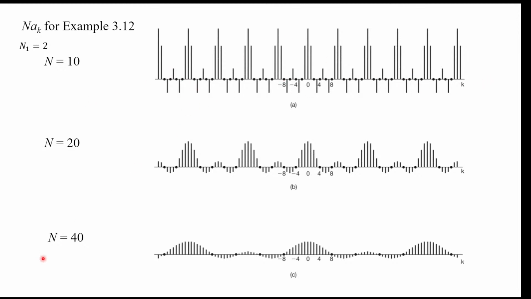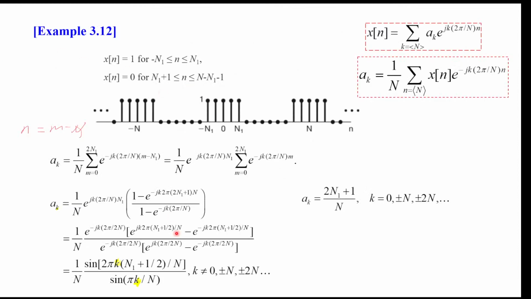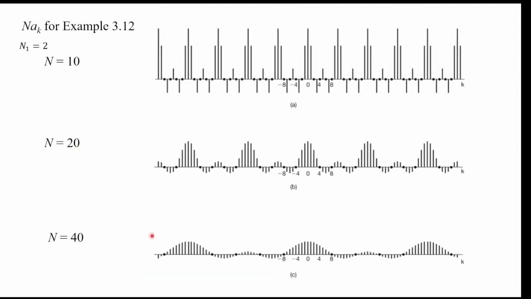We plot this for different big N. We are fixing n1 equal to 2, so we are fixing the upper oscillation frequency, and we have a bigger and bigger N. So N equal to 10, N equal to 20, N equal to 40.